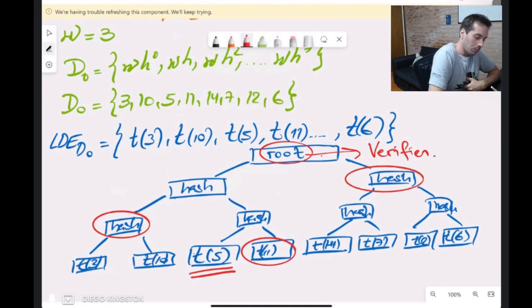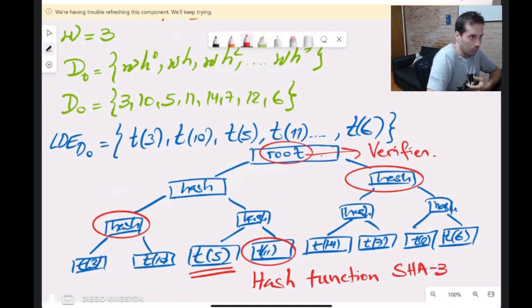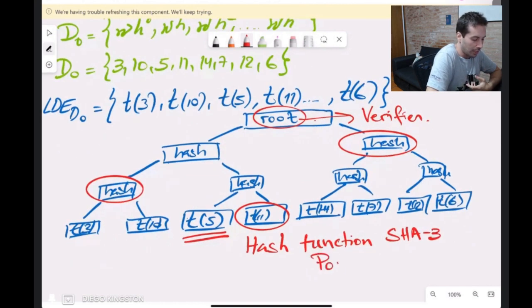He can then compute all the way to the root, and if the calculation matches the original root, then this element belongs to the Merkle tree. The security properties of the Merkle tree rely, of course, on the properties of the hash function that we are using. For example, we could use SHA-3 or whatever hash function we want. Poseidon is another hash function.